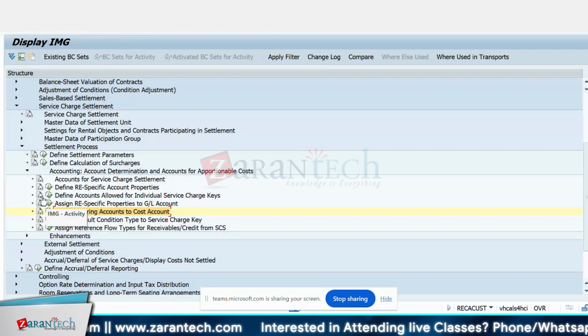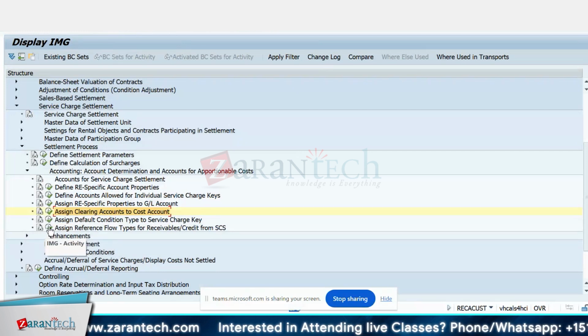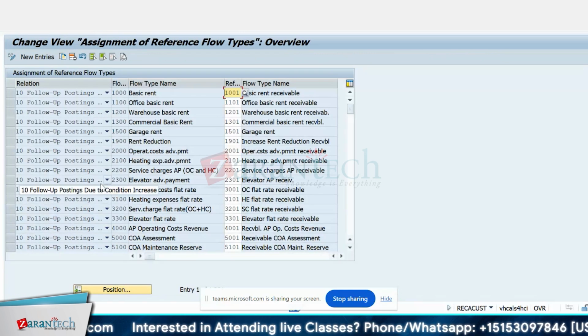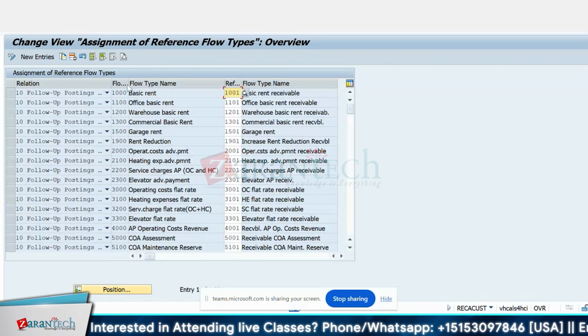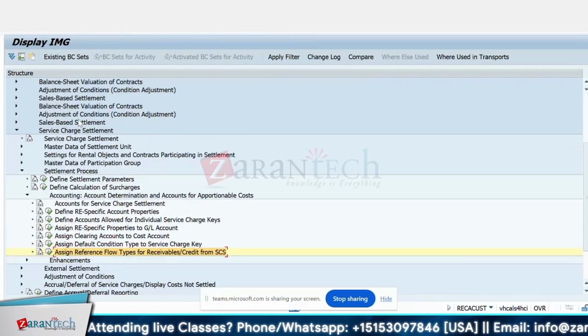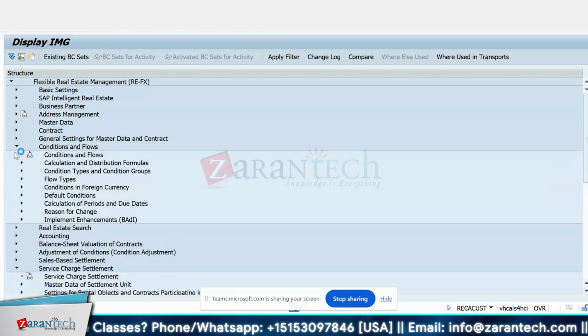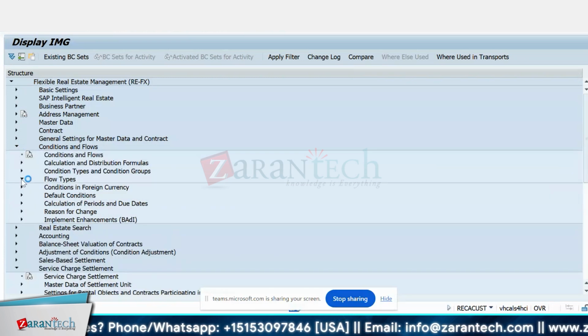So default condition type, we have already seen that. Assign reference flow type, yeah, this is also one of the important ones. So this reference flow type also comes from flow condition and flow types. If you have seen this over here, under flow types we have assigned the reference flow type.